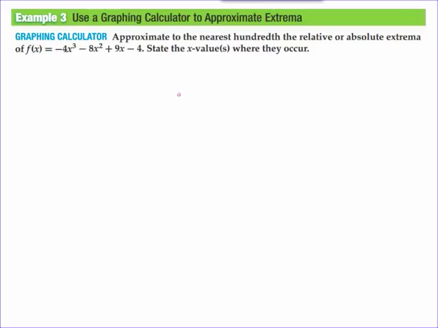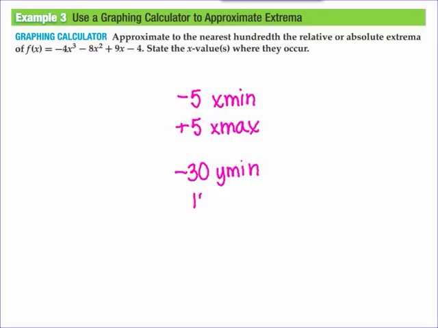So I'm going to do negative 5 for x min and positive 5 for x max. For y min, negative 30, y max, positive 10, and I changed the y scale to 2. The reason being, there's a lot of tick marks in there, and so that generally works a little bit better.